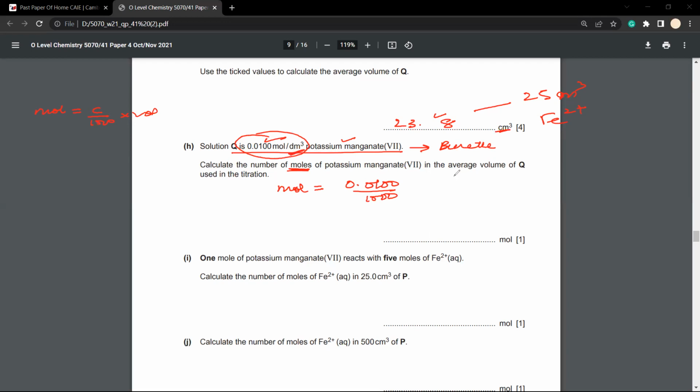In order to bring them into the same unit, we'll be dividing this by 1000, right, and multiplied by 23.8. On simplifying these values, I'll be getting 0.000238, right. So it's better to write down in the decimal form rather than the standard form.